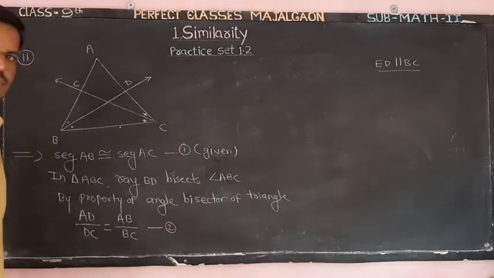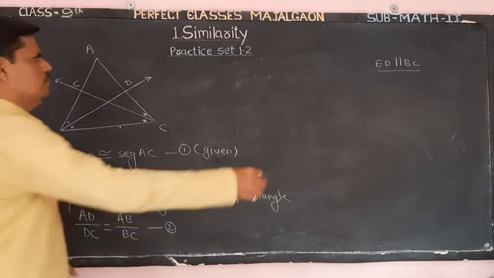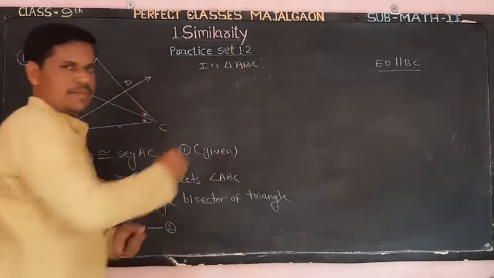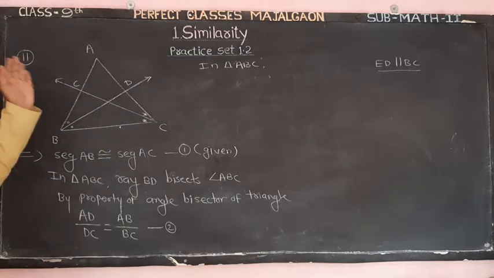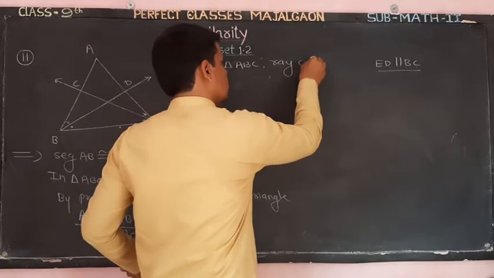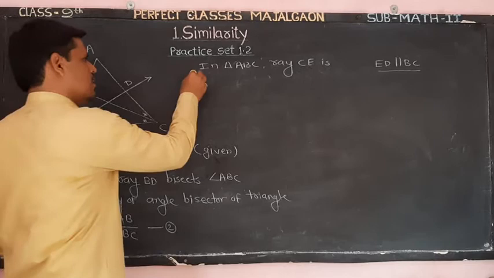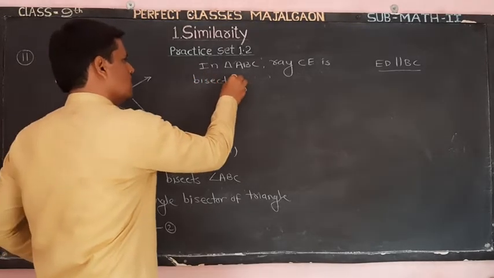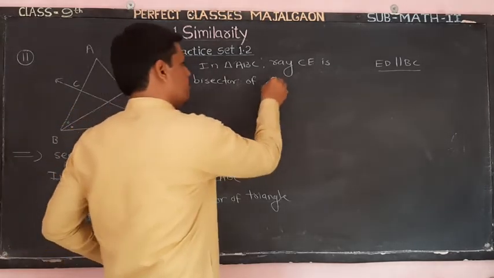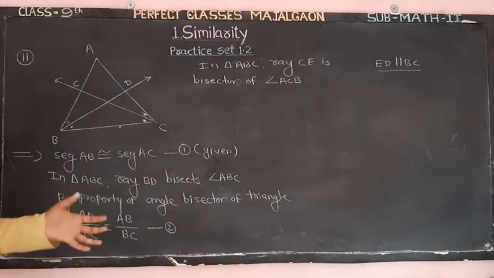Here I write the reason. Now we take the same triangle ABC, in which ray CE is the bisector of angle ACB.